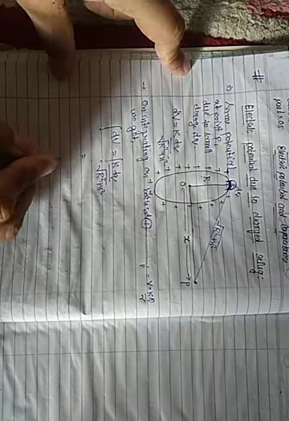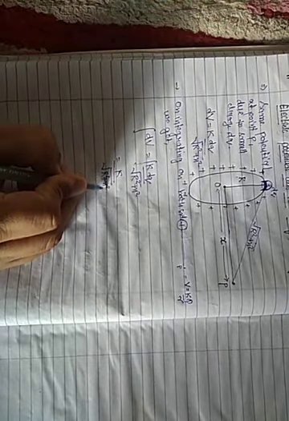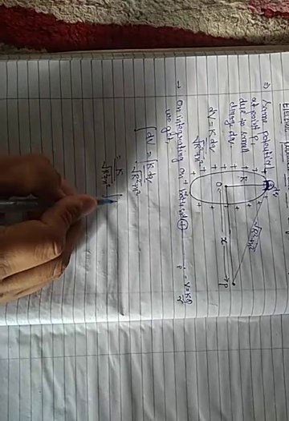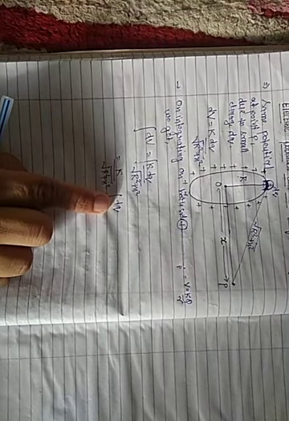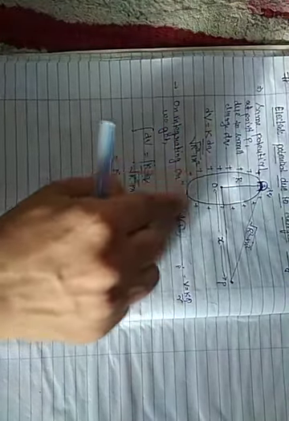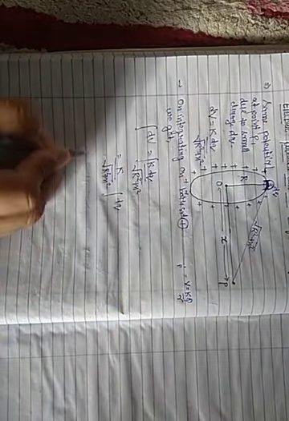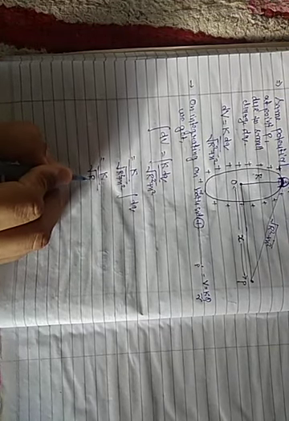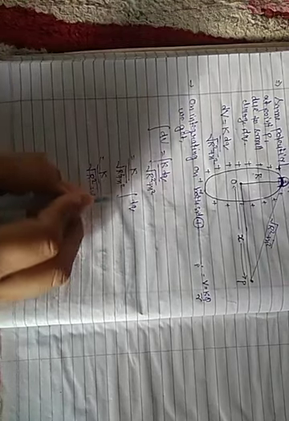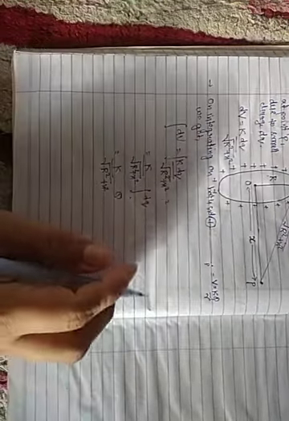Integrating the small charge dq gives the total charge, which we represent as capital Q.